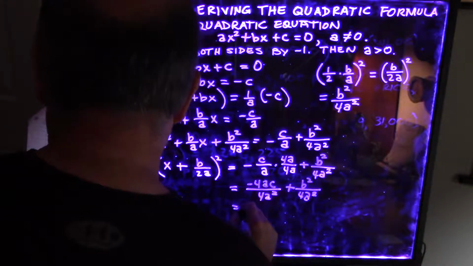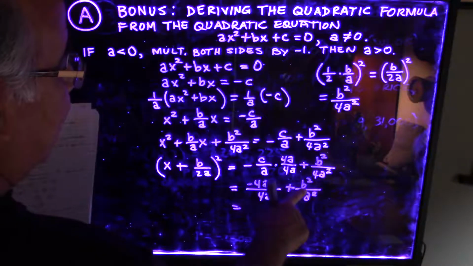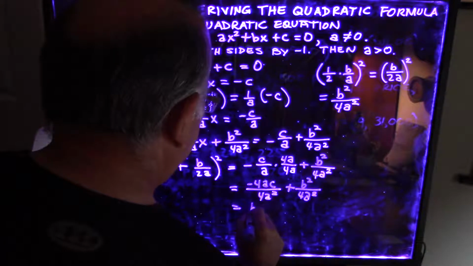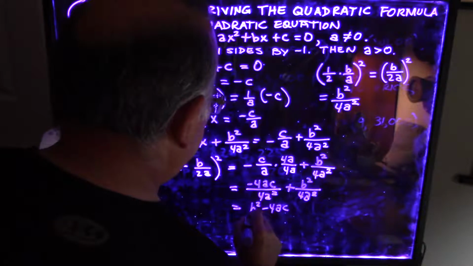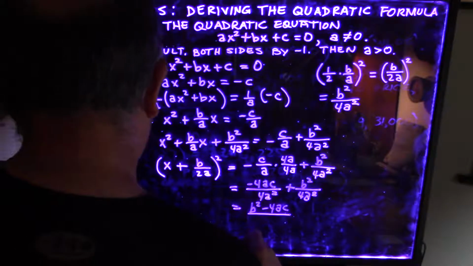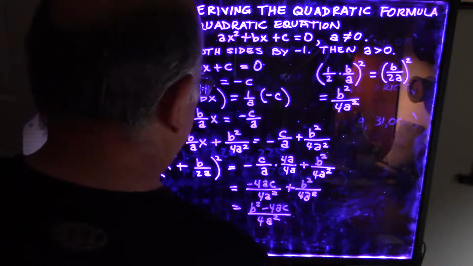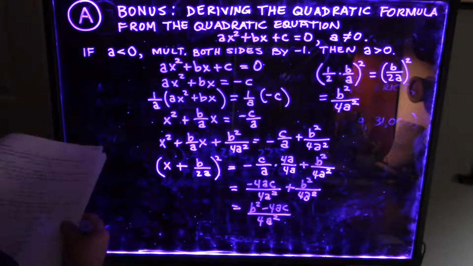And that equals b squared minus, if you add these two, I'm going to put the b squared first, b squared minus 4ac on top over 4a squared. This is starting to look like the quadratic formula.